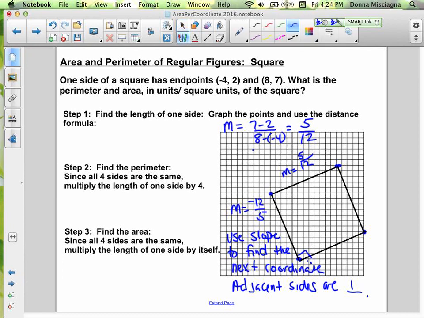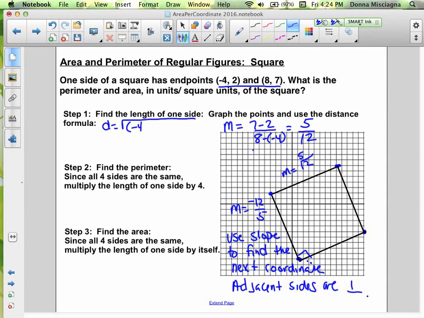So we'll find the length of one side using the distance formula. We're going to use the points we were given. We didn't really have to graph that whole square, I just wanted us to.